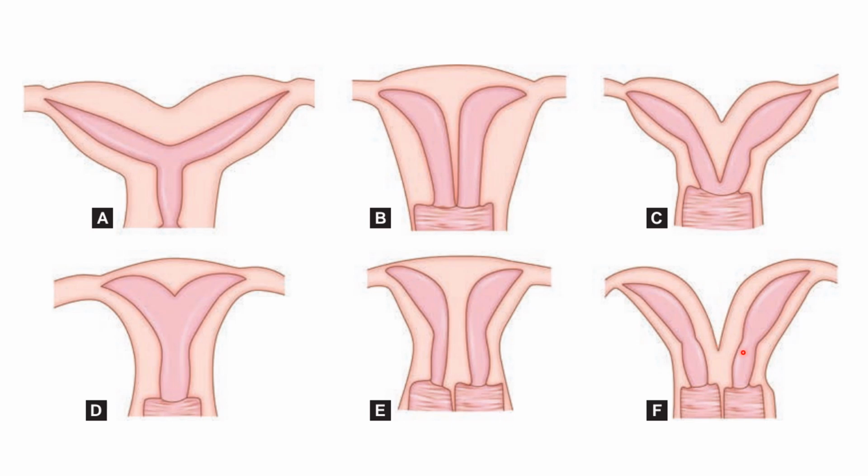Now the next figure that you have to note is this condition where the entire uterine cavity is present as two horns, but towards the cervix it is a single region, and the vagina is also single, and there will be a slight indentation in the middle. This condition will be known as uterus bicornis or uterus bicollis.